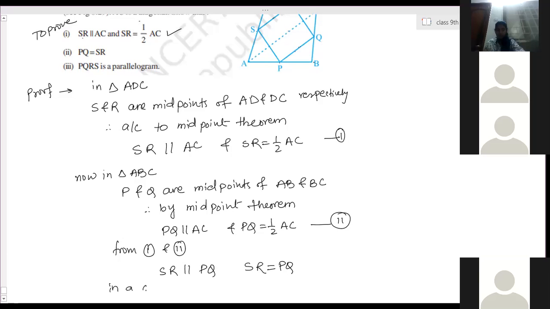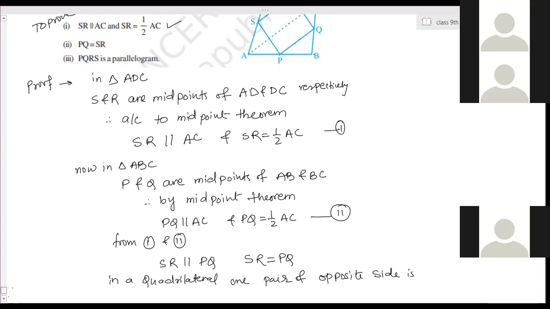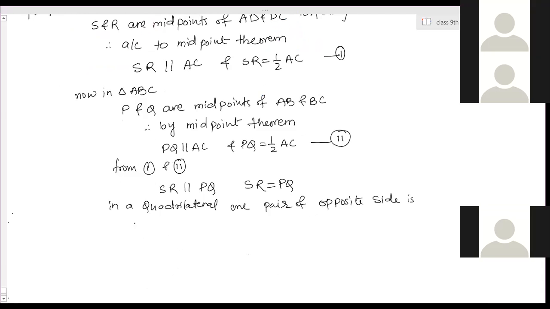In a quadrilateral, if one pair of opposite sides is equal and parallel, then it is a parallelogram.